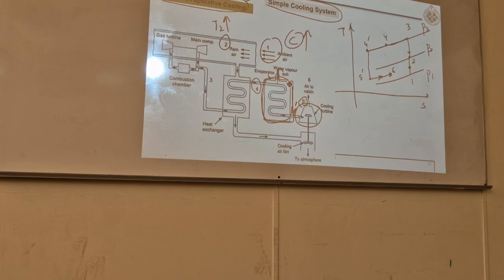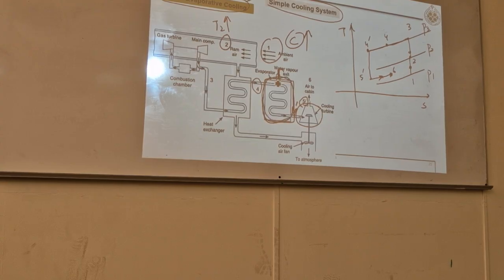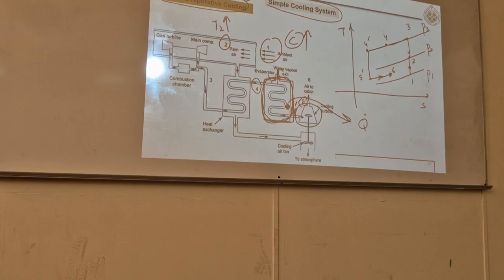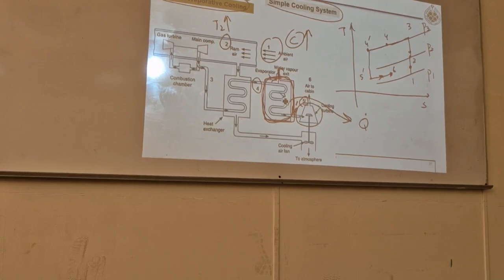Can we calculate the amount of mass of that evaporative cooler which we should take with us? Okay, let's write its equation. This evaporative cooler, what is it doing? It is absorbing heat from that air and getting evaporated.